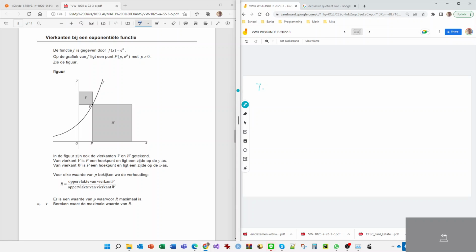Alright, what's area V? This has sides p, so that's just p squared. What's area W? Well, let's calculate one side. That's the function value at p, so e to the power p. So that's e to the power p squared, which is e to the power 2p.